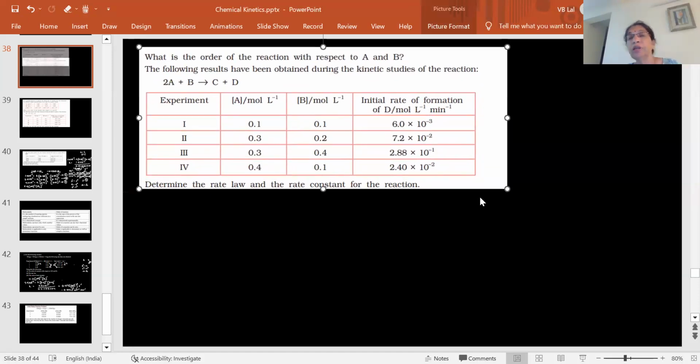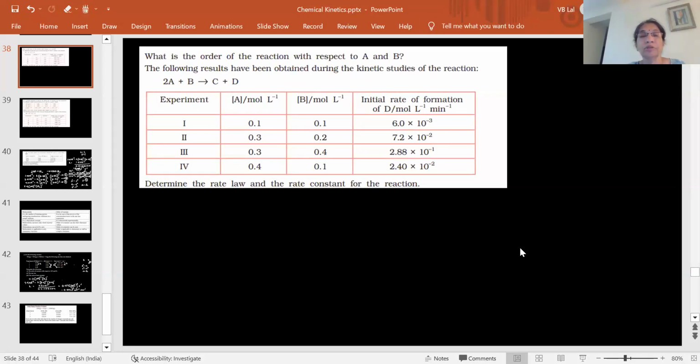Now this is from your textbook. Now all of you try to do this. Rate law and rate constant. Now this is a little complicated. Let me see how many of you can try.